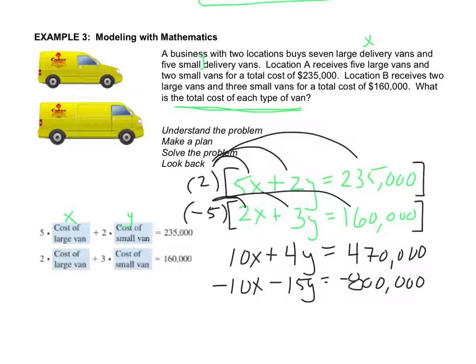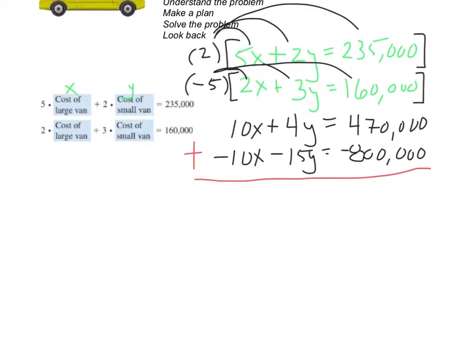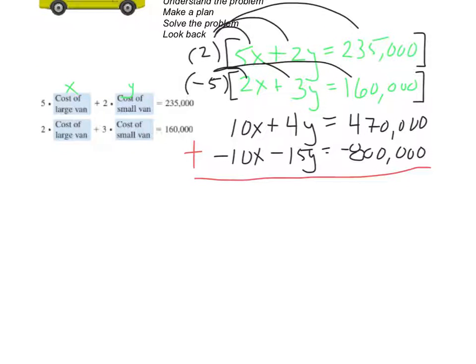So now I have those opposite coefficients. We can go ahead and start putting the addition piece here together. And let me just slide this up a little bit so we can see our work. Then, when I do my addition, that eliminates. I get negative 11y, and I get negative 330,000.